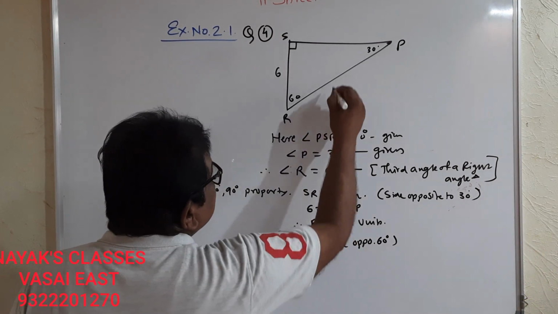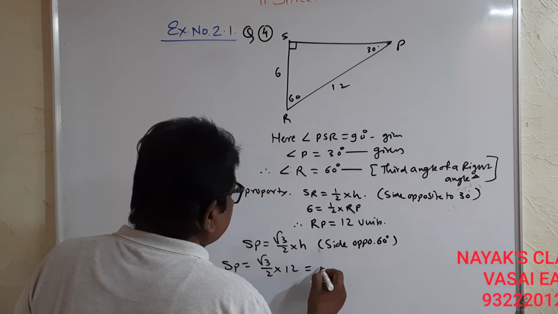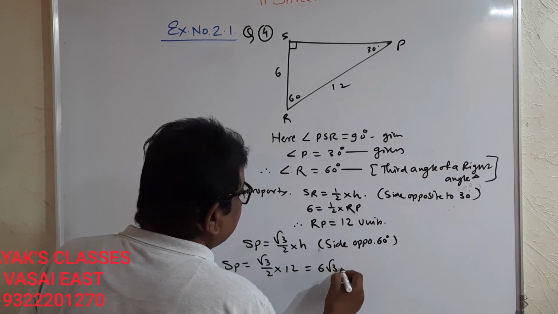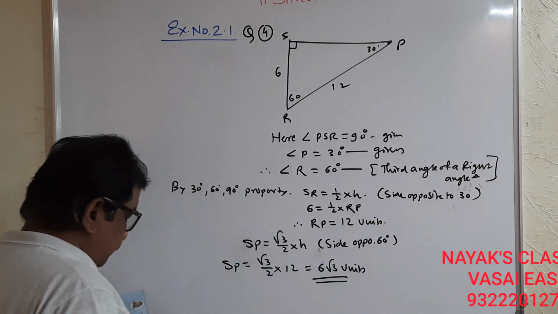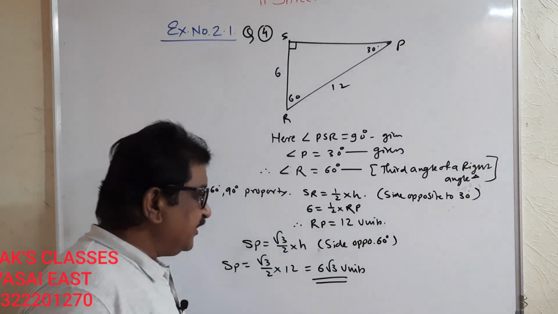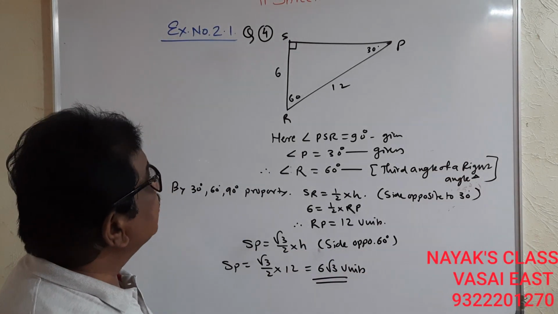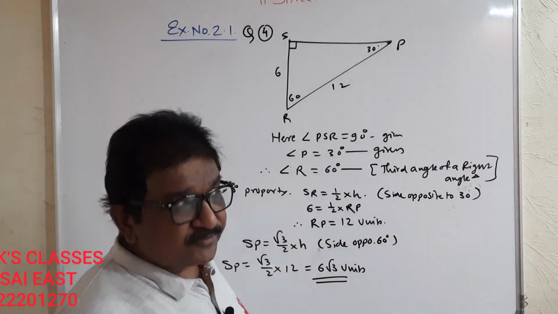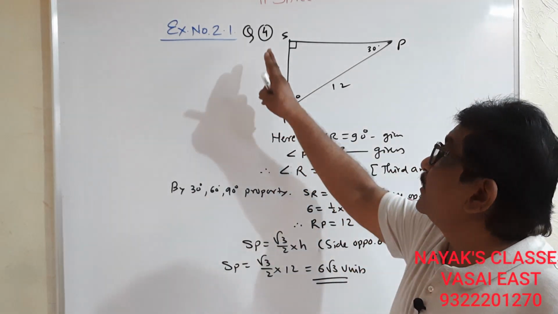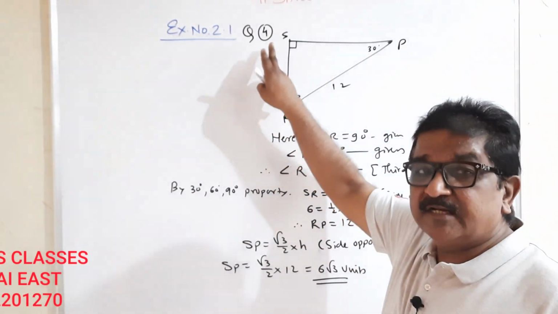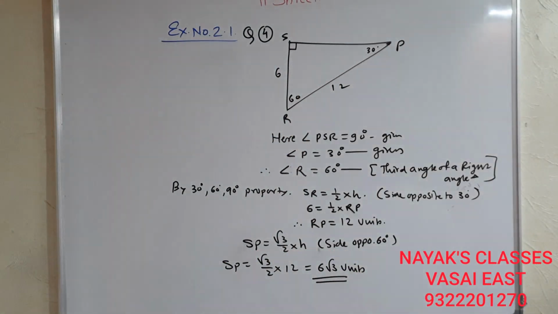We just got the hypotenuse as 12; 2 sixes are 12 so it is 6 root 3 units. So RP is 12 units and SP is 6 root 3 units. Once again I am repeating, I had taken the fifth example first and written 4 there. Please correct it. Okay?